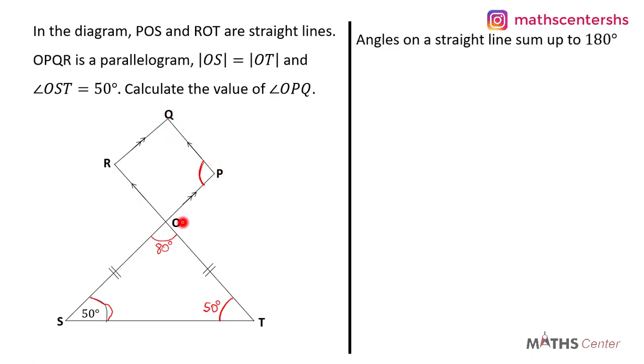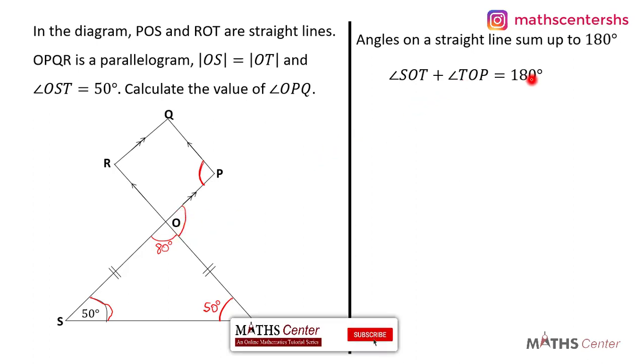Okay. We know that angles on a straight line sum up to 180 degrees. So what it means is that the angle SOT, which is the 80 degrees angle we found here, plus the angle TOP, which is the angle formed here, will give us 180 degrees because they fall on a straight line.